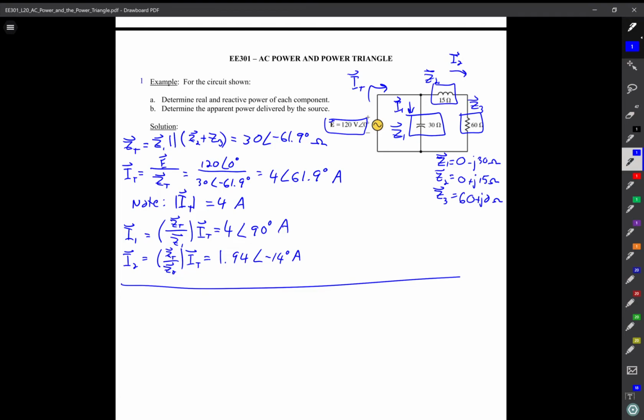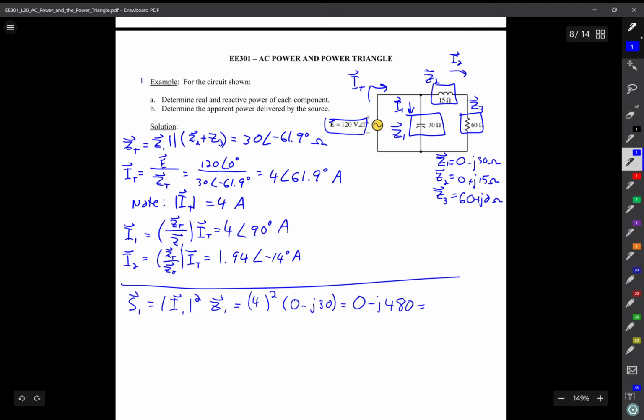Let's find S1 first. S1 is equal to the magnitude of the current I1 squared times Z1, which is equal to 4 squared times 0 minus J30, which is equal to 0 minus J480, which is also equal to, in polar coordinates, 480 with an angle of minus 90 degrees voltamps.